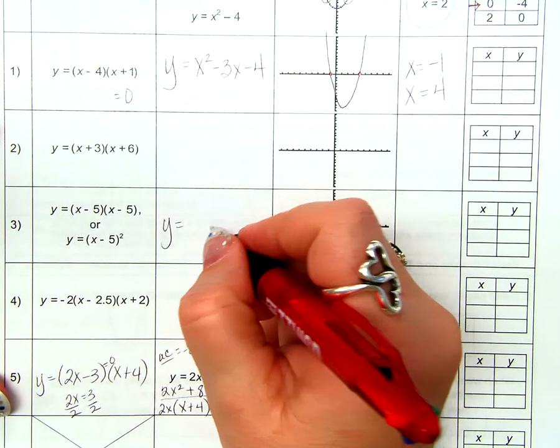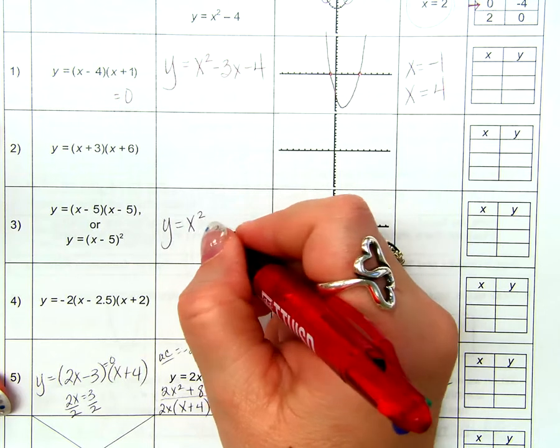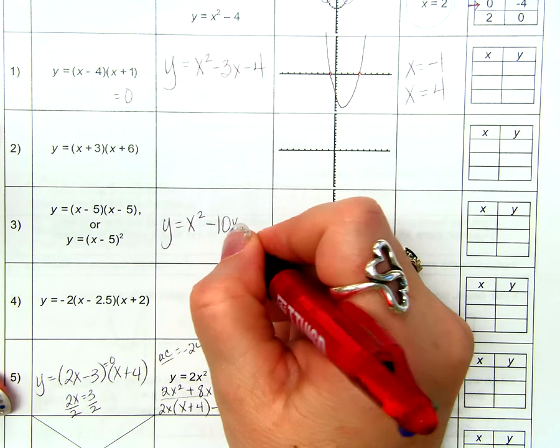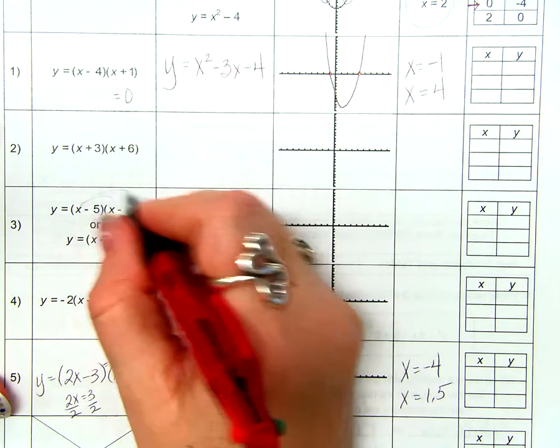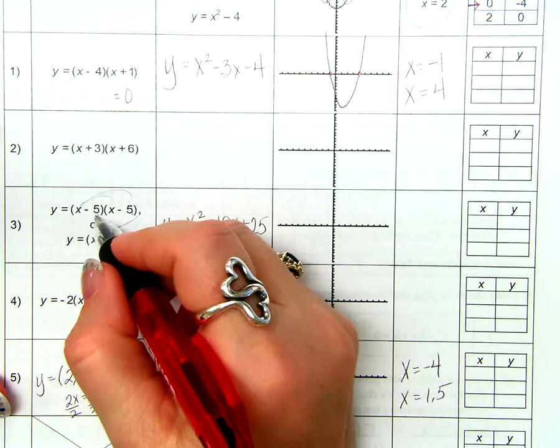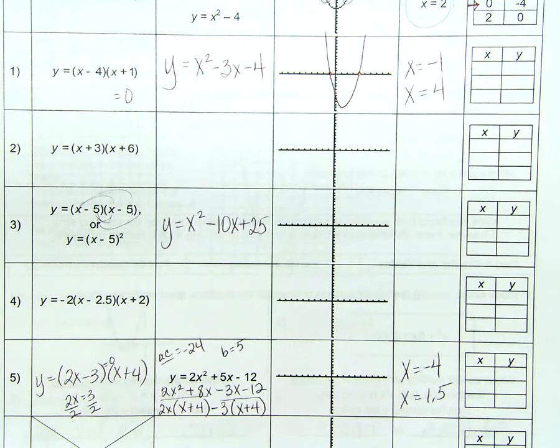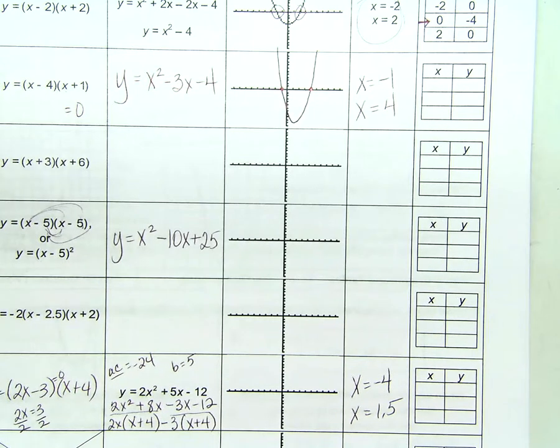Good. Minus 10x plus 25. Because if I distribute, I get a negative 5x and a negative 5x. That gives me negative 10x, right? Okay. So when I go to graph it, I want to show you what this looks like in the calculator.